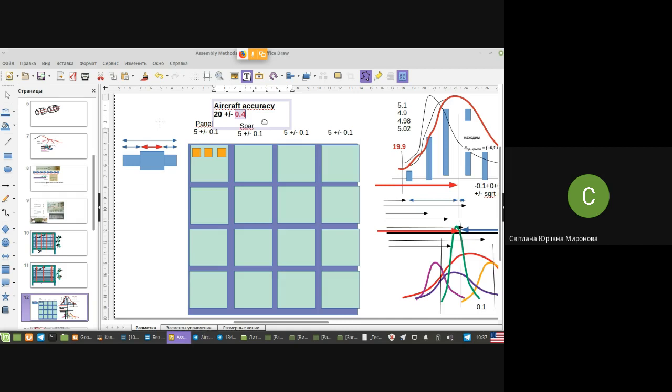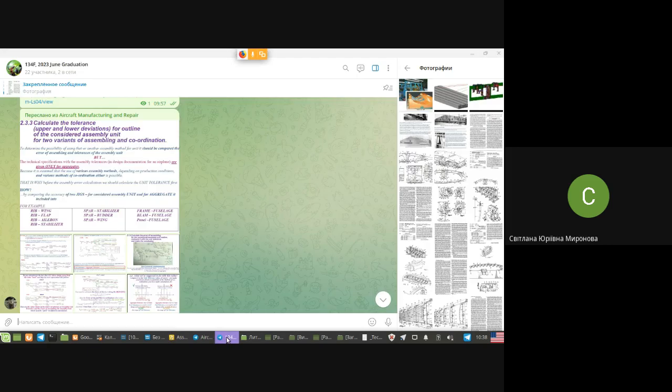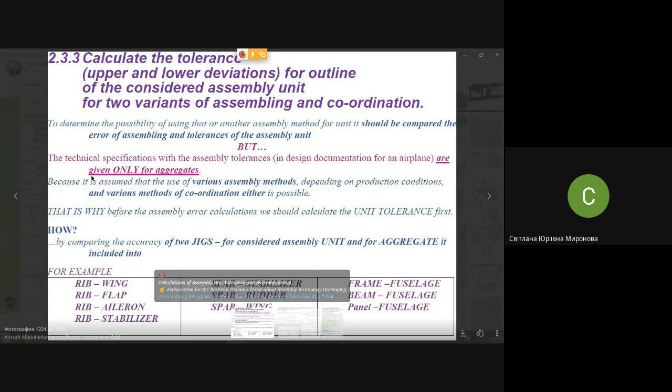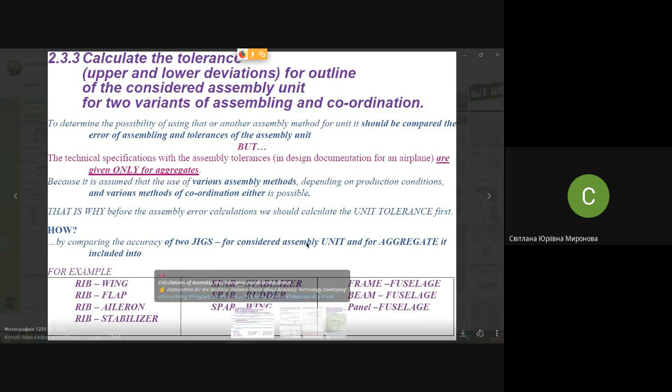But in real life, these considerations are not ideally the same as what we're going to do right now. In your bachelor work, you are working with the same assembly method for the aggregate and for your unit. And that is why in your case, you just need to compare two jigs.